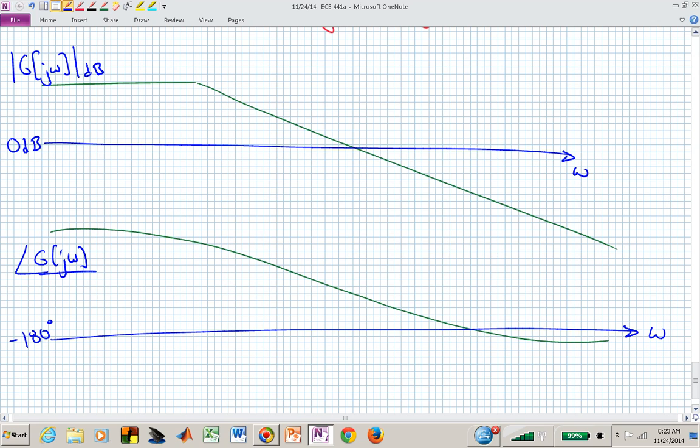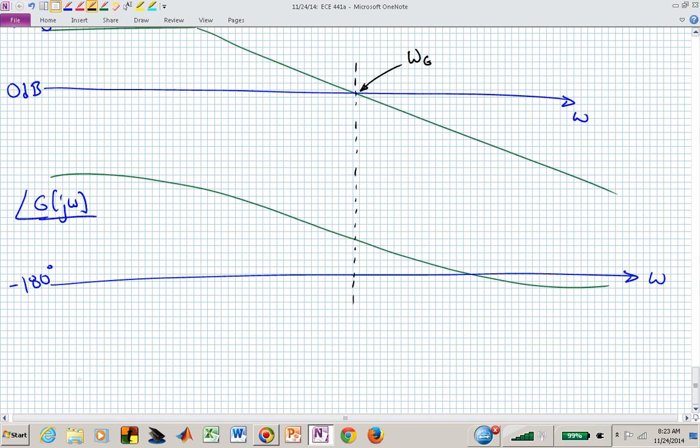Since we know that 0 dB corresponds to 1, we can now simply say, oh, there's the frequency where the gain curve goes through 0 dB, and we're going to label that omega sub g, and that's going to be called the gain crossover frequency.